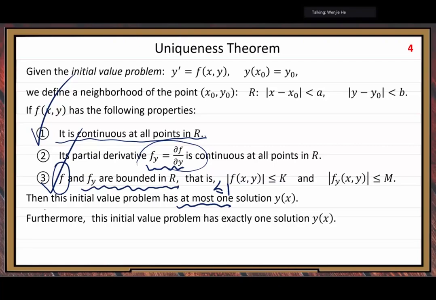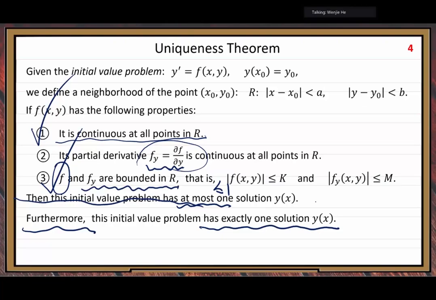Furthermore, we use the existence theorem so we can improve this conclusion in this way. It has exactly one solution. That means the 0 case is gone. We eliminate the 0 solution case, because we have the existence part.